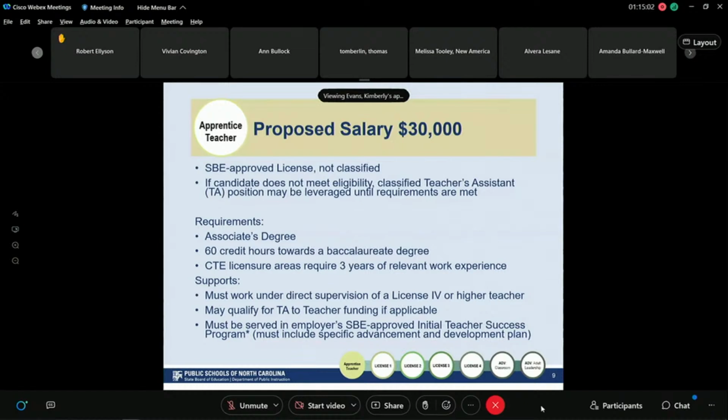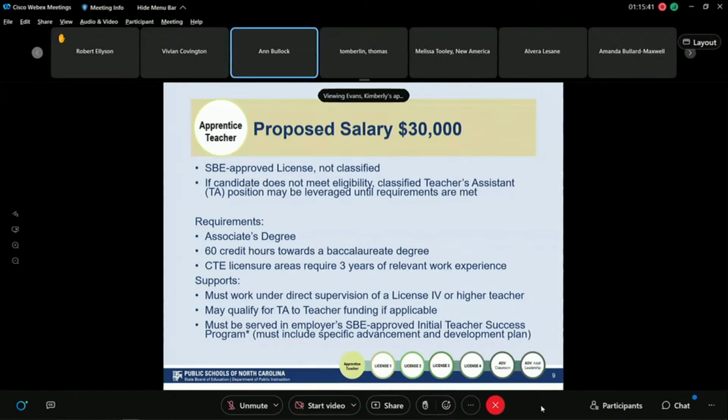So maybe the clarification under the license 4, under the supervision, is, I go back, and maybe I'm looking at this wrong, but I go back to when we created requirements for someone to be a mentor teacher. And we discovered that many schools did not have anyone that fit the criteria for a mentor teacher. So then there were workarounds and things created in order for some of our BTs to have mentors.